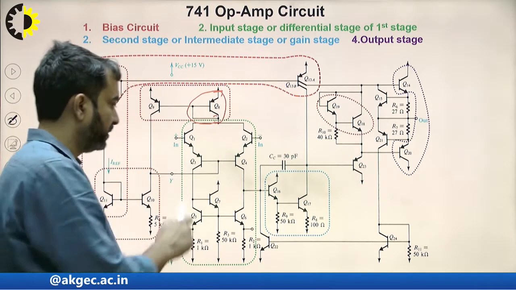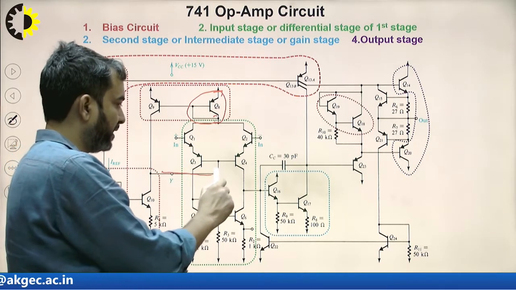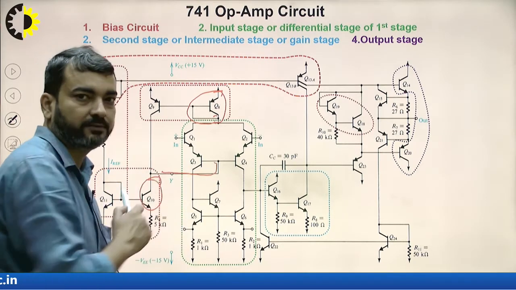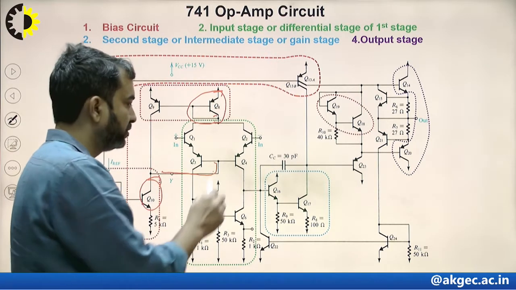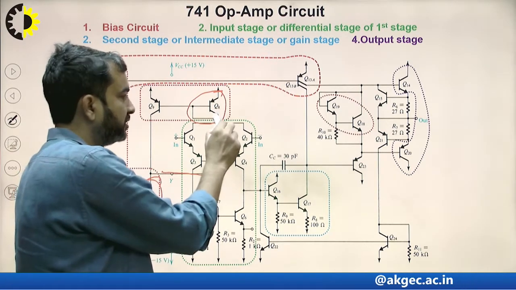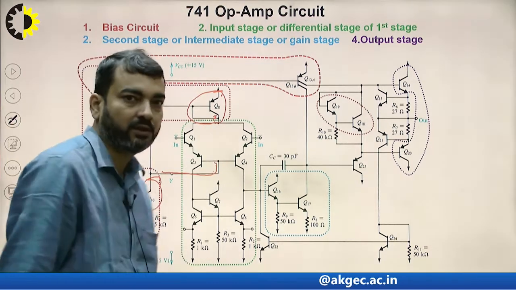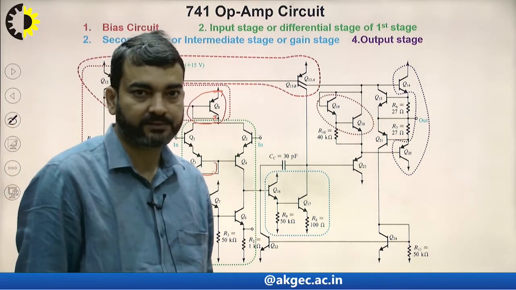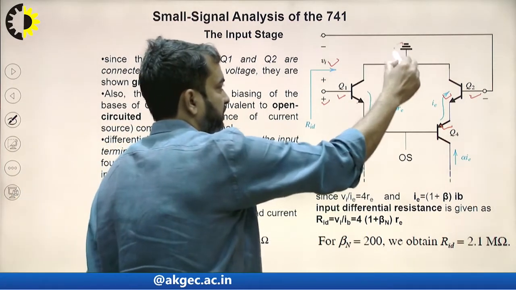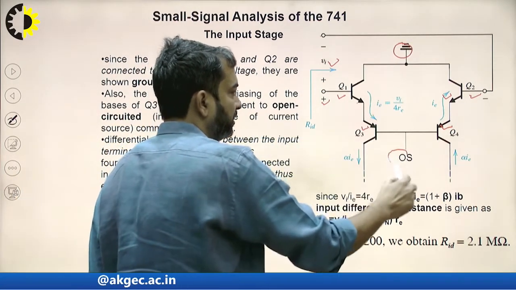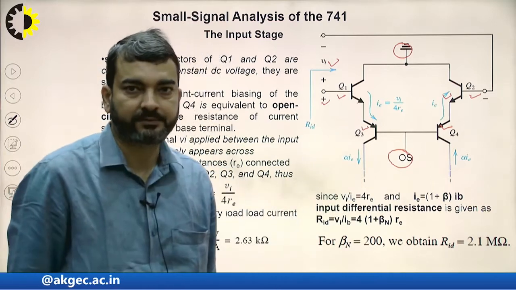Second, this is constant current biasing provided by the transistor Q10, so it will behave as an open circuit. So this terminal is open circuited while this terminal is shorted to ground in AC analysis.